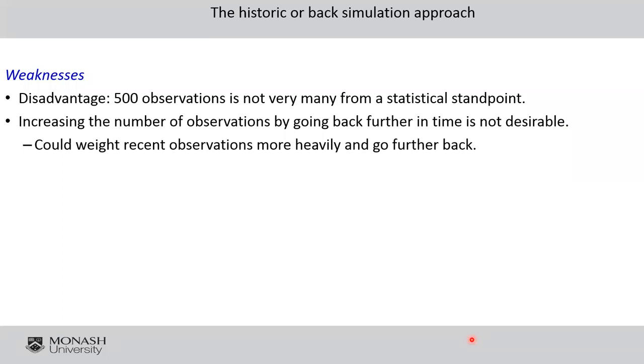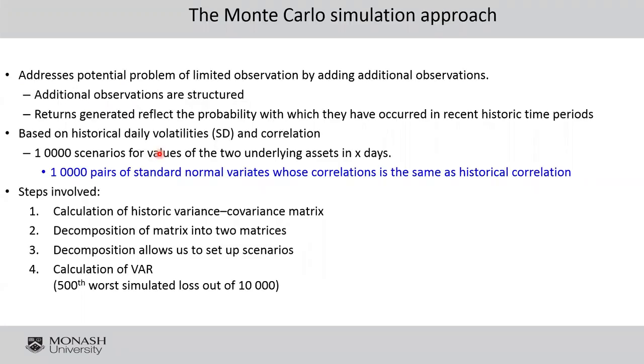Now, the problem with back simulation, they will tell you, as always, there is somebody who will come to criticize. The 500 observations may not actually reflect the actual changes in the future for the Japanese yen and the Swiss franc. It is not reflective. So you need to increase them. So they use something called Monte Carlo simulation. I don't know how many of you have done Monte Carlo simulation, but Monte Carlo simulation will use this method.